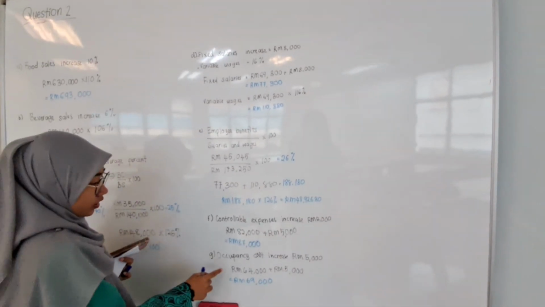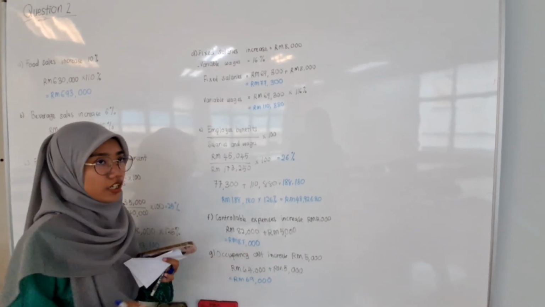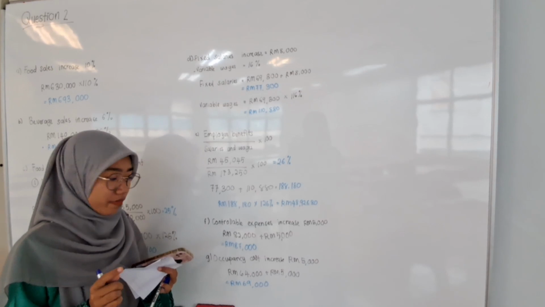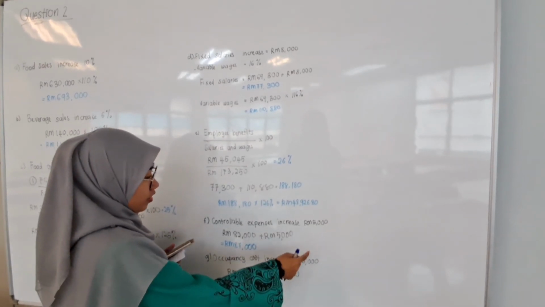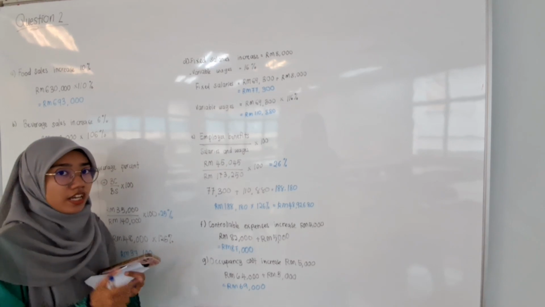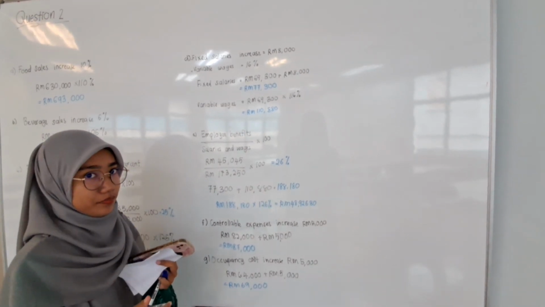So we take the occupancy cost in the current year from the operating budget and then we add 5,000. So we get this answer for the occupancy cost in the upcoming year.